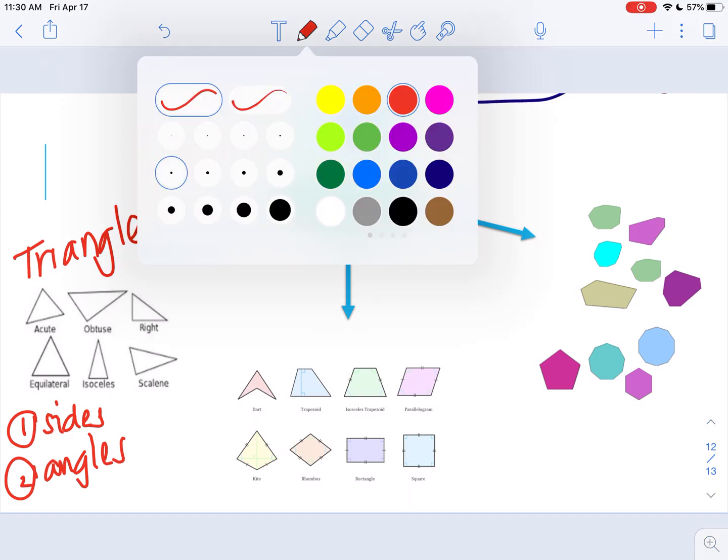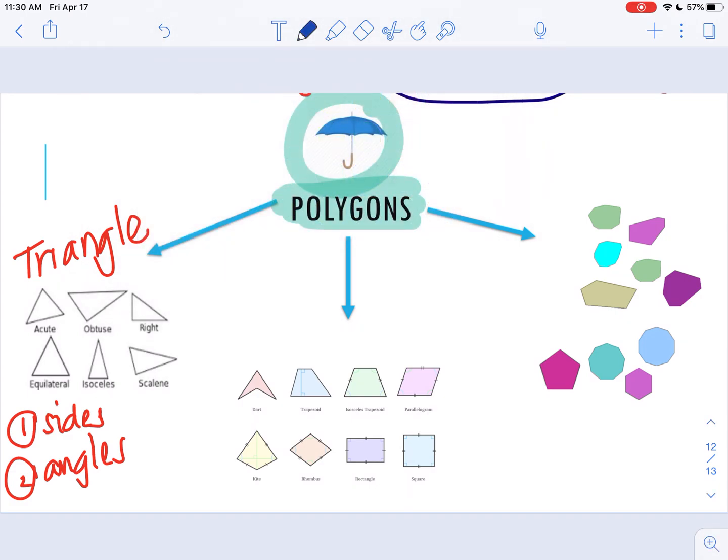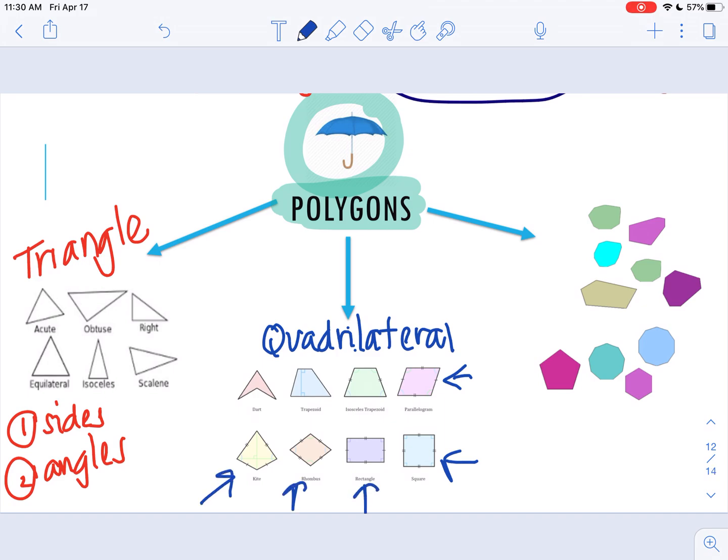Then we talked about all the different ways we classify a 4-sided polygon, and that's a quadrilateral. But similar to triangles, we don't just call it a quadrilateral, we have specific names for those quadrilaterals, right? So looking at its features and asking myself, is it a trapezoid, is it a parallelogram, is it a square, and so on.